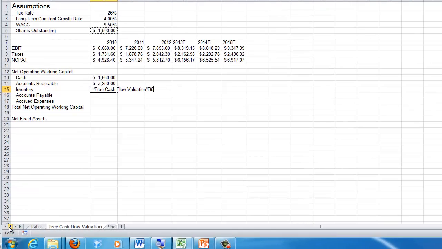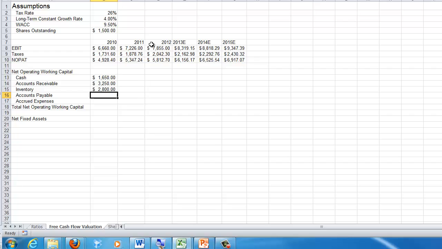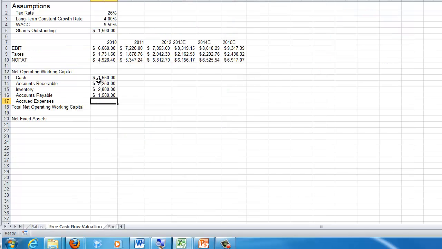So we want to include inventory. And then we're going to find the accounts payable and the accrued expenses. I'm just going to drag that down because the next one below was accrued expenses.